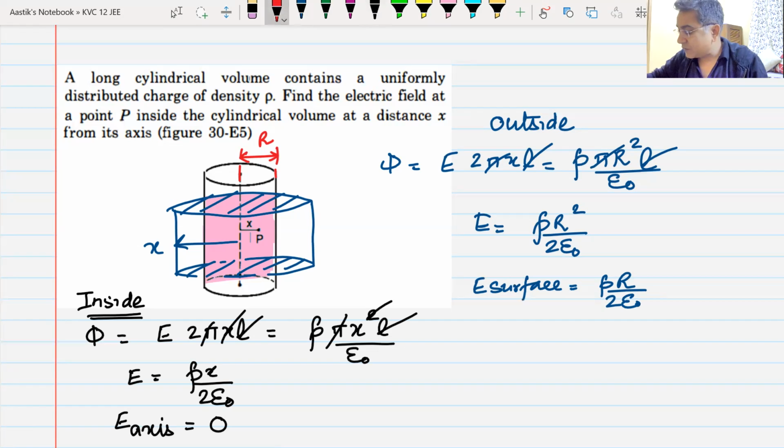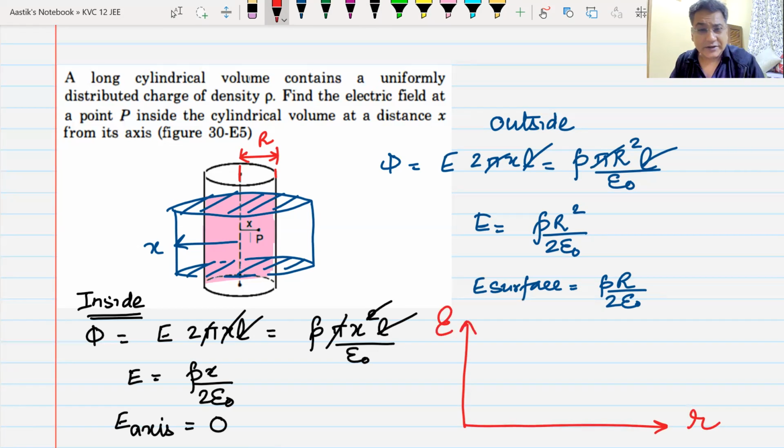One more thing you have to understand is the graph of the electric field with r, and you may have a question on this. How does the graph of electric field with r look like? It just goes like this. Inside the cylindrical space, it is directly proportional to x.